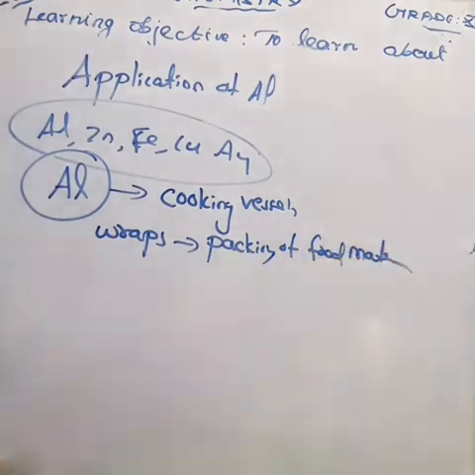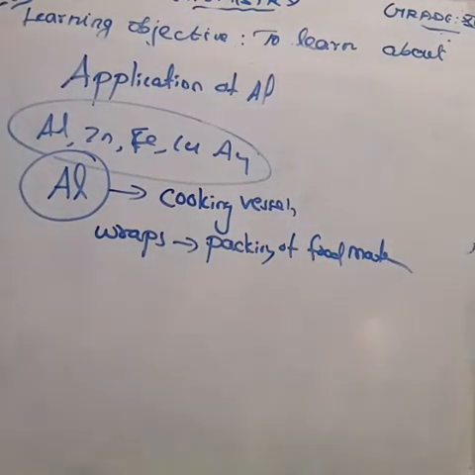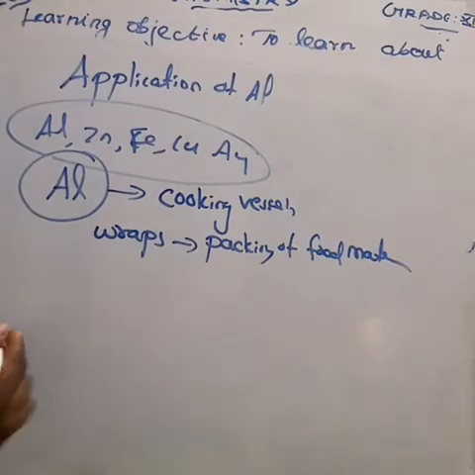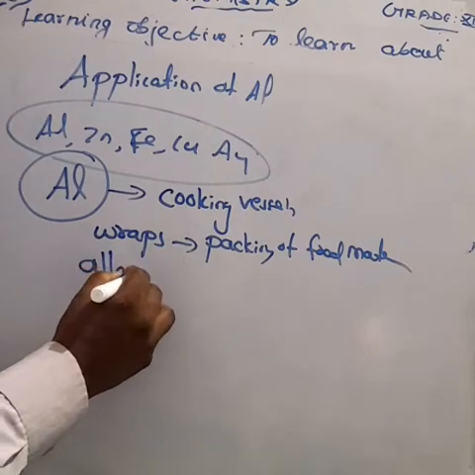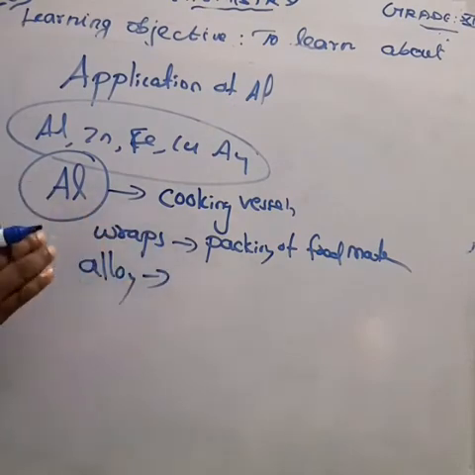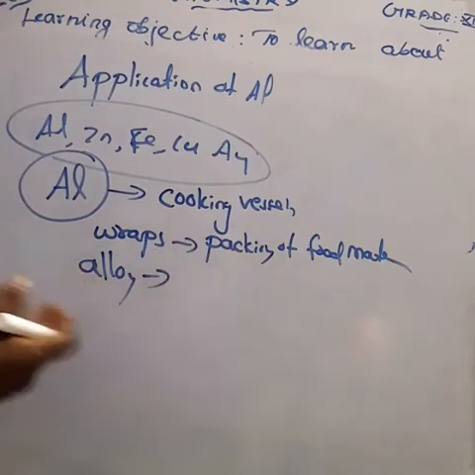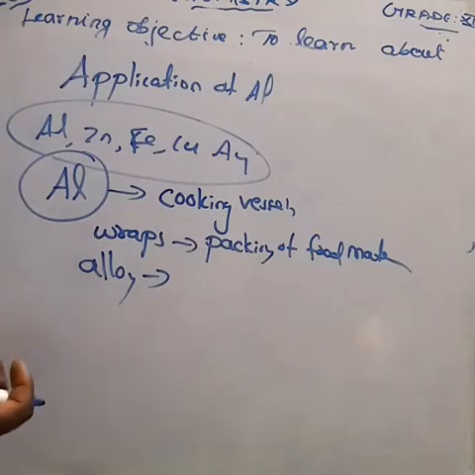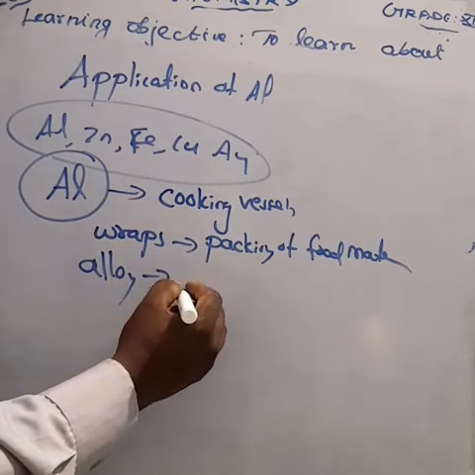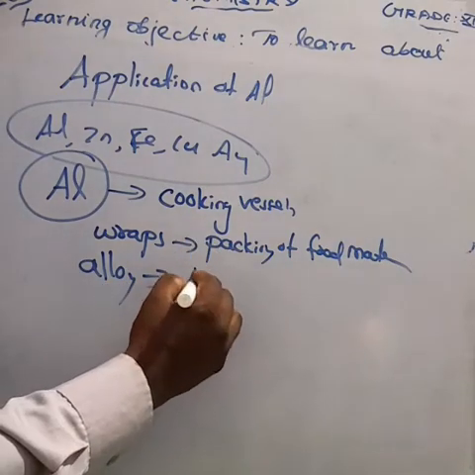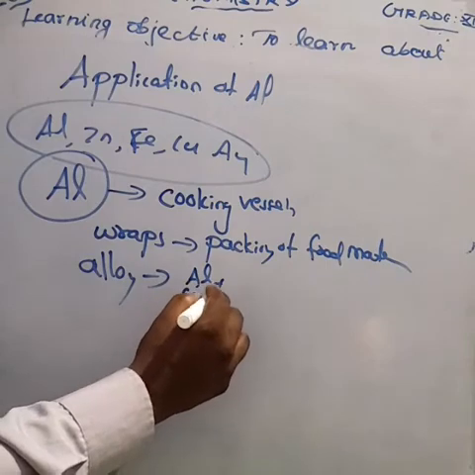The third one: aluminium is not very strong, so we use its alloys. What is the meaning of alloy? An alloy means the combination of two or more metals. The reason is that aluminium is not a strong metal. Aluminium alloys combine aluminium with copper, manganese, magnesium and silicon.